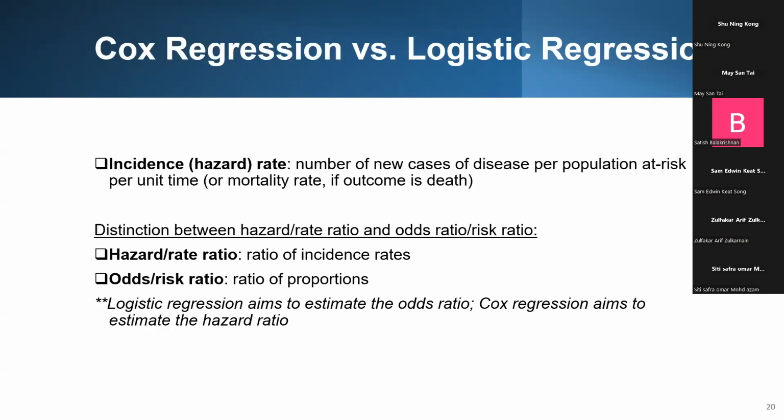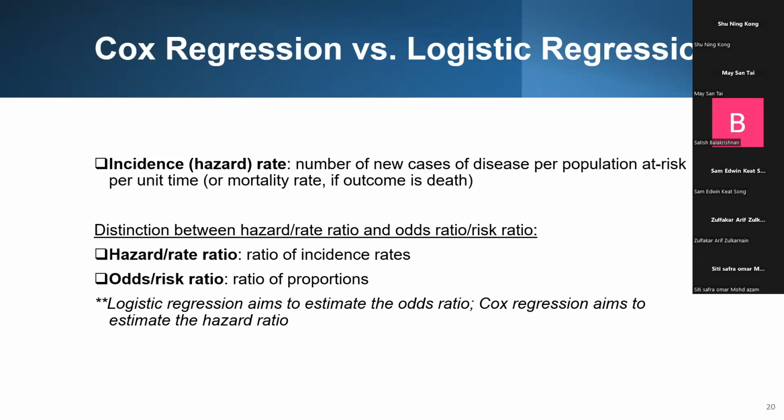Okay, so now we will look at incidence, hazard rate. How many percent of this is causing new cases? First you need to know how many new cases you have. Then only you move on to how to compare the two groups, or the groups you are going to analyze for survival with some factors inside.